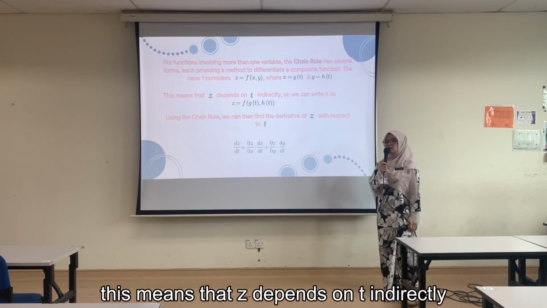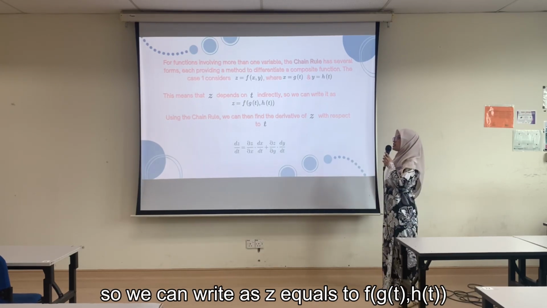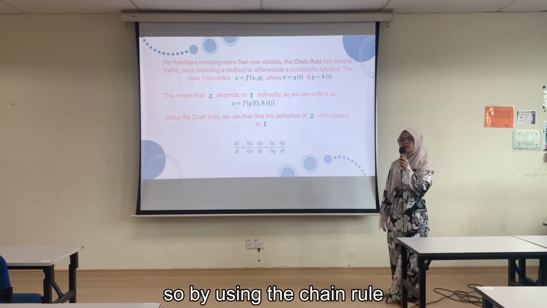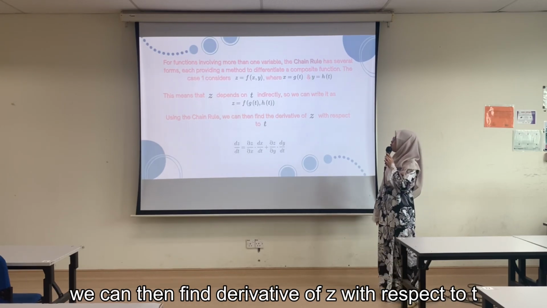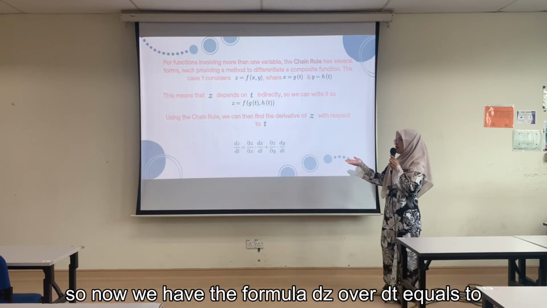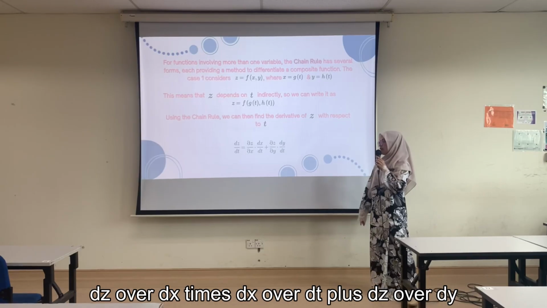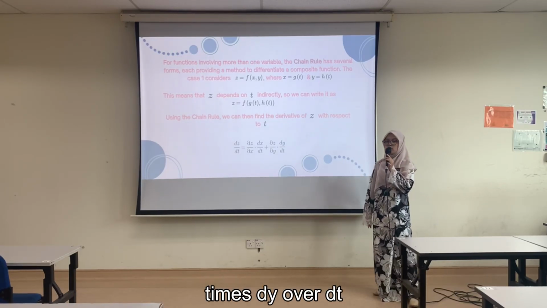This means that z depends on t indirectly, so we can write z equals f(g(t), h(t)). By using the chain rule, we can then find the derivative of z with respect to t. So now we have the formula dz/dt equals dz/dx times dx/dt plus dz/dy times dy/dt.